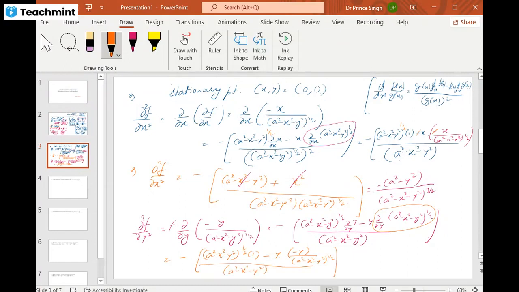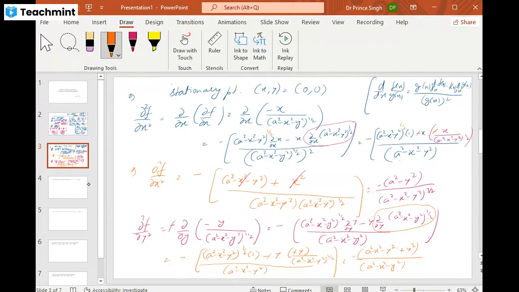So if I take this LCM, this will be minus: the 1 by 2 power and 1 by 2 become 1, (a² − x² − y²). This negative and negative become positive, plus y² upon (a² − x² − y²).